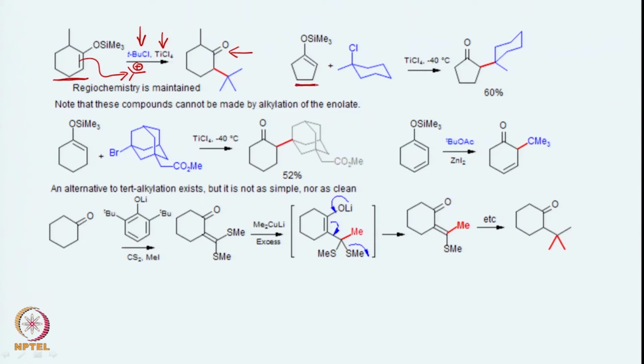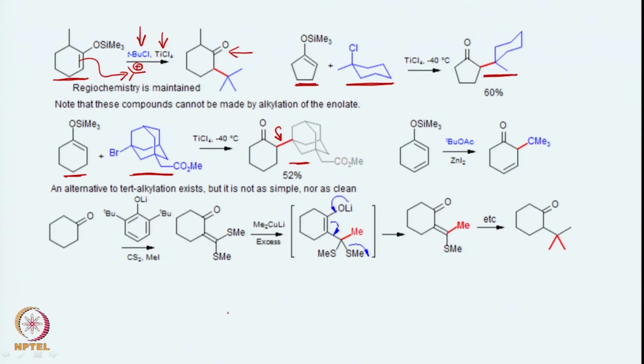In a similar fashion, this enol silyl ether reacts with this tertiary chloride in the presence of titanium tetrachloride, and then we have this carbon-carbon bond formed, and also similarly this enol silyl ether forming the CC bond at this particular alpha position of the carbonyl group here.